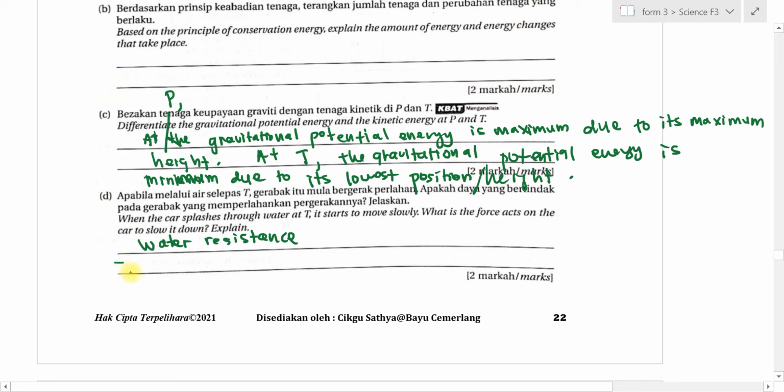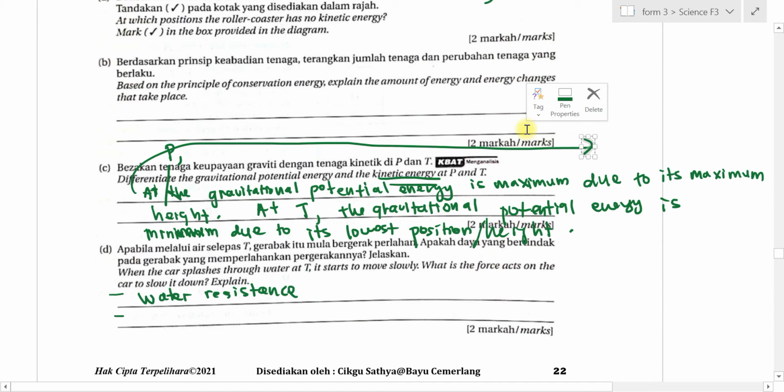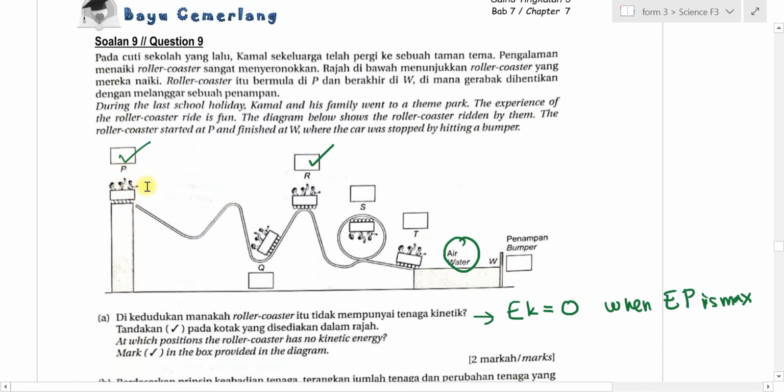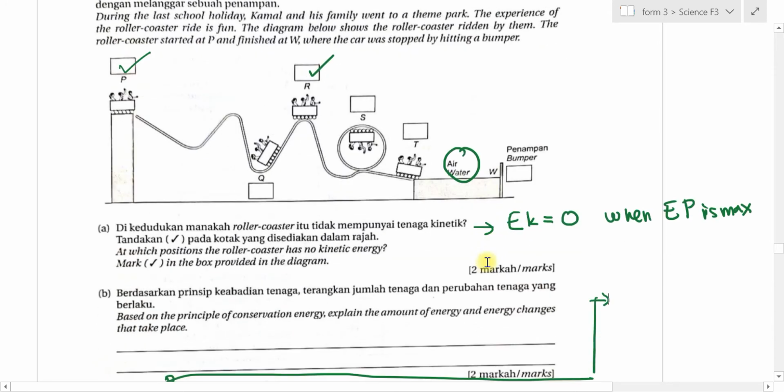Okay, and I think I misread the question again. Differentiate the gravitational potential energy and kinetic energy also, they tell us. Never mind, just add one more point. Sorry, I just felt that something was still missing. Okay, so you want to differentiate kinetic energy, very simple. At P the kinetic energy is 0. At T it is maximum. Only after T does it start to decrease.